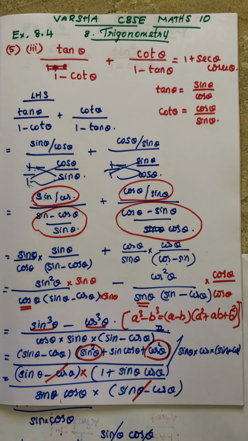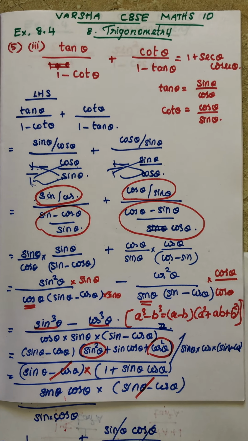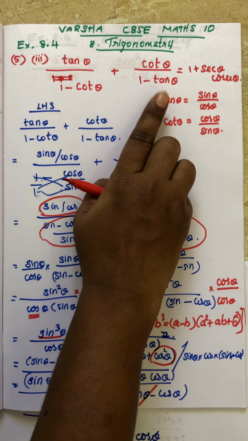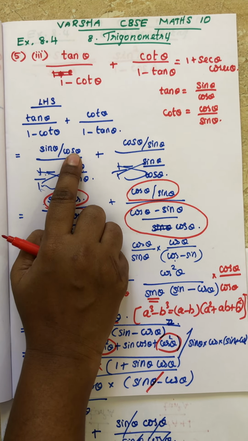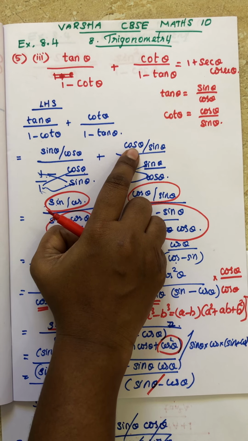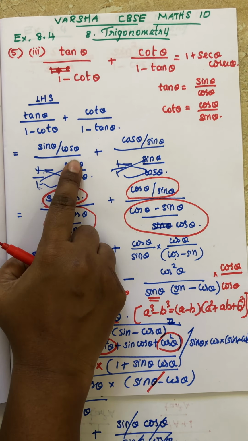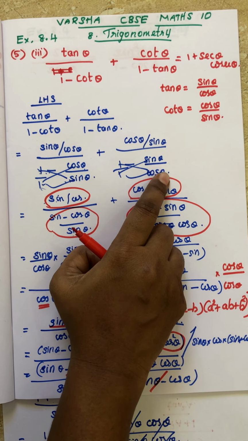Tan by 1 minus cot, and cot by 1 minus tan. So I am going to replace tan theta by sin by cos, cot theta by cos by sin. So this is 1 minus cos by sin, this is 1 minus sin by cos.